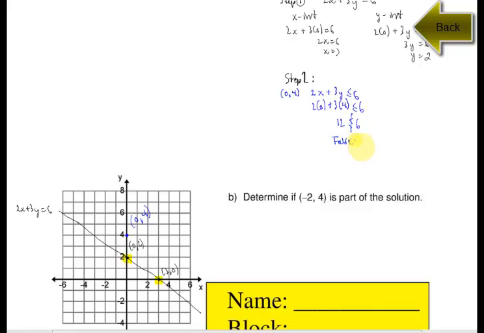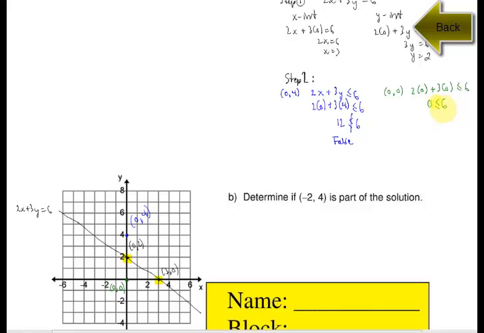So what that means is that our region is not going to be above the line. Okay, so let's try it out with a point below the line. I'm going to pick (0, 0) because that's a nice test point. Plug in 0 for x and 0 for y, and I get that 0 is less than or equal to 6.